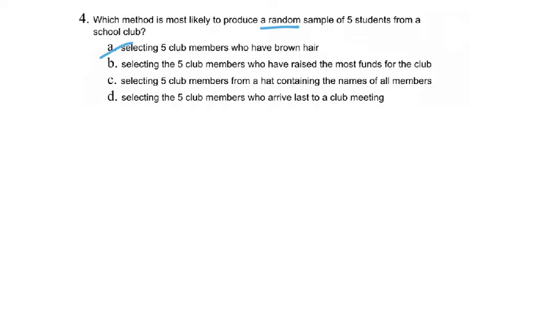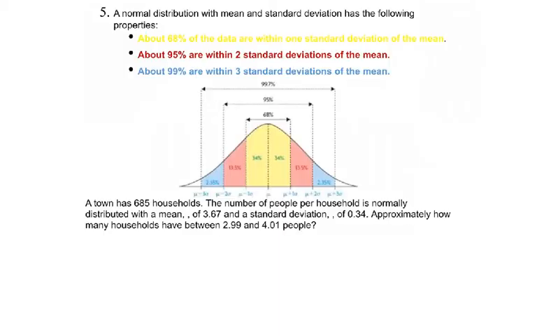B, selecting the 5 club members who have raised the most funds for the club. That's just the most go-getters, not random. C, selecting 5 club members from a hat containing the names of all members. That sounds pretty random. And D, selecting the 5 club members who arrive last to a club meeting. Not random. So C is the only one that's really random.